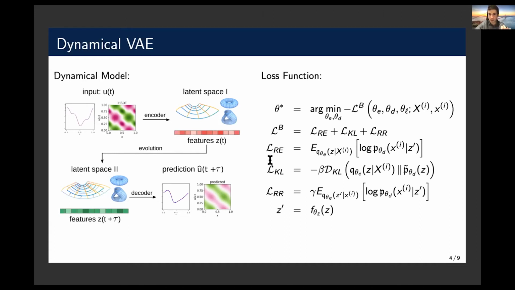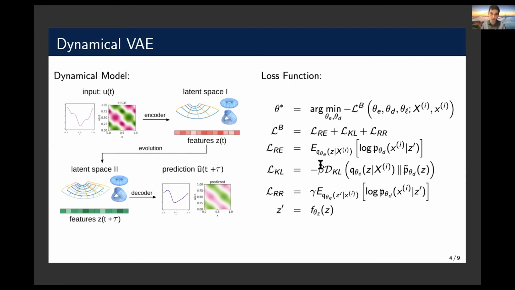And then the second term, which has this beta out in front, which you can use to weight how important this is in the loss function, is going to be an additional regularization on the encoder, basically trying to push the encoder into a unit Gaussian or a normal distribution in latent space.